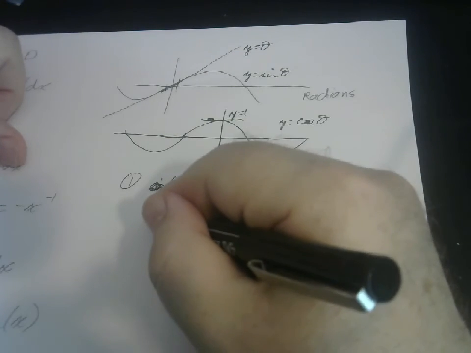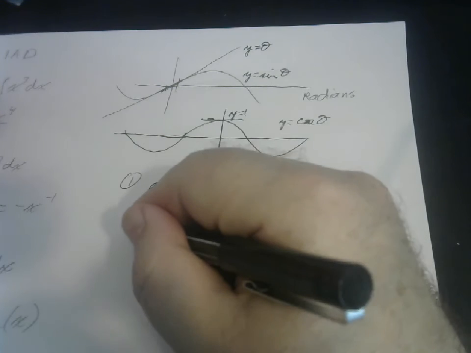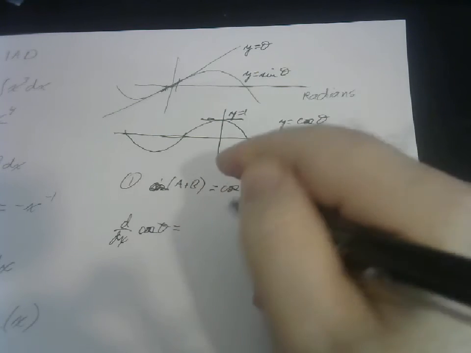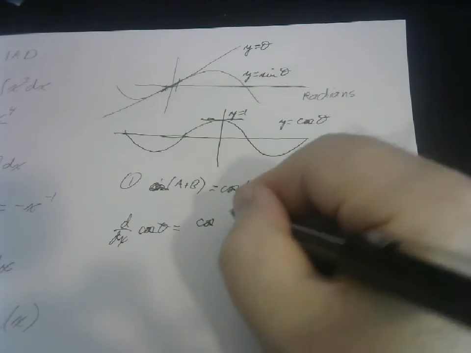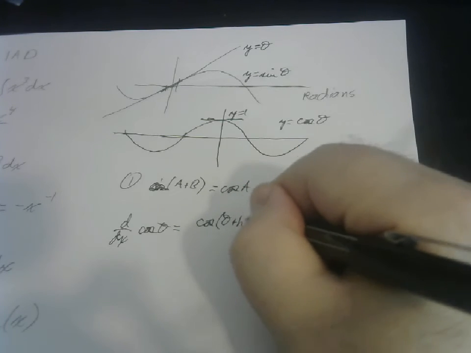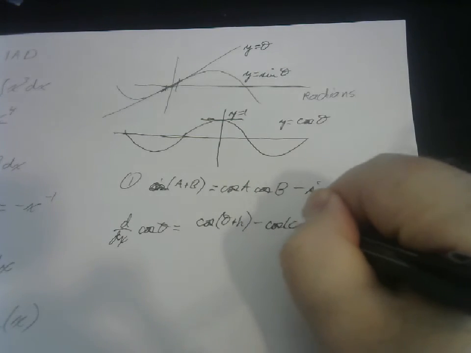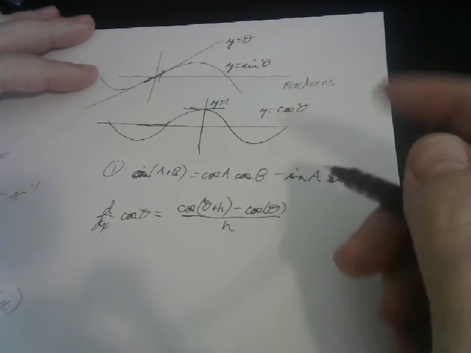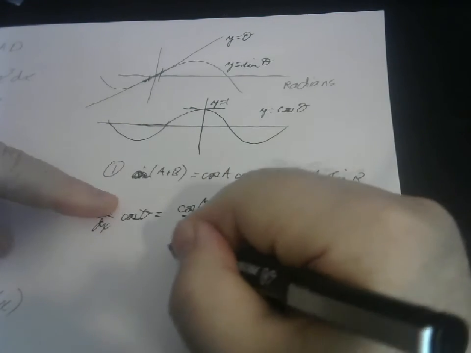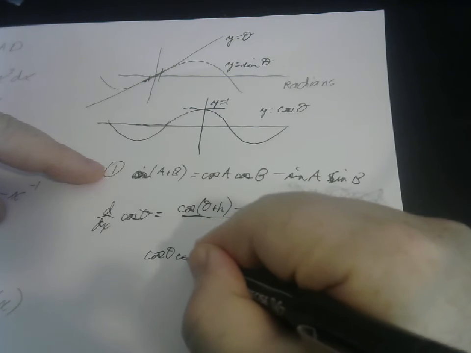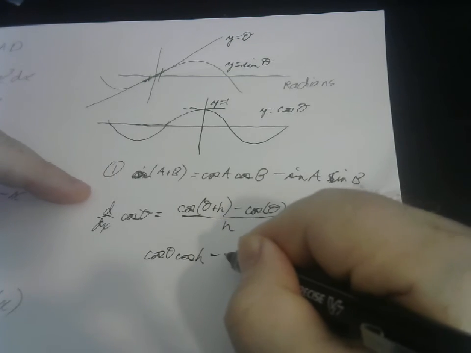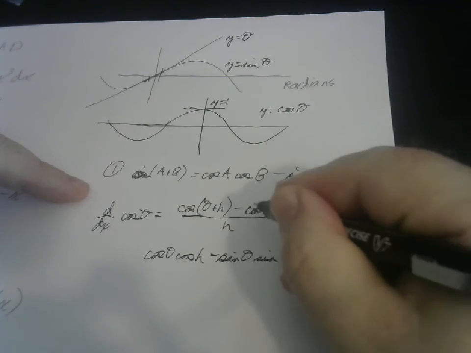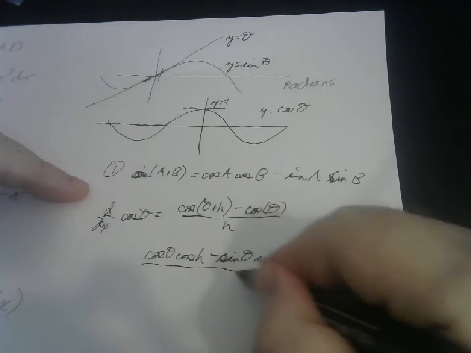And I want to do the derivative of cosine. d dx of cosine theta is going to be cosine of theta plus h minus cosine of theta over h. And that's going to be our limit. So here I'll use this formula to say cosine of theta plus h is cosine theta cosine h minus sine theta sine h, and then we'll go ahead and subtract the cosine theta there. All that is divided by h.